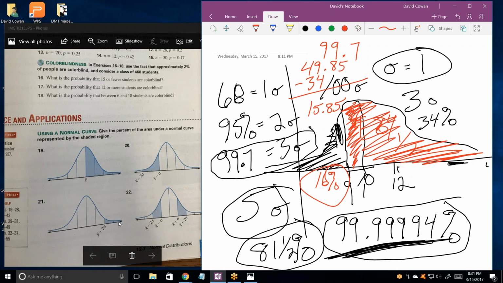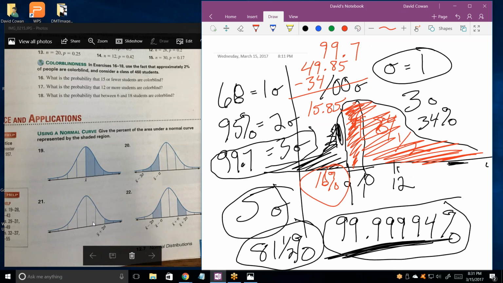If the area from here to there is 95%, everything else is 5%. And that's half of everything else, only half, because it's not shaded on the left side. So that's 2.5%.